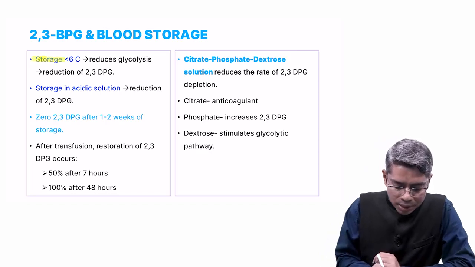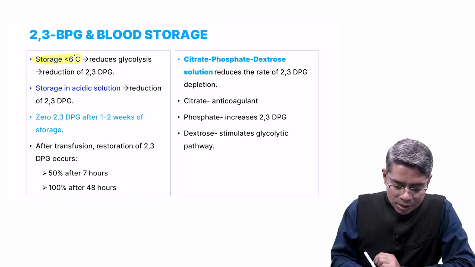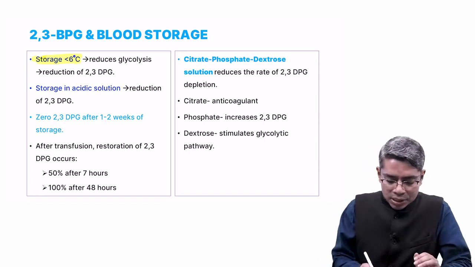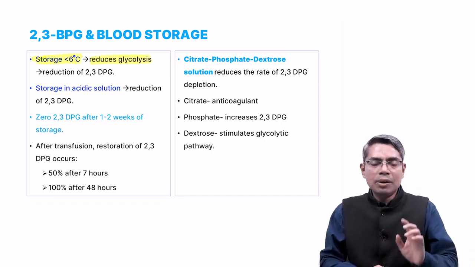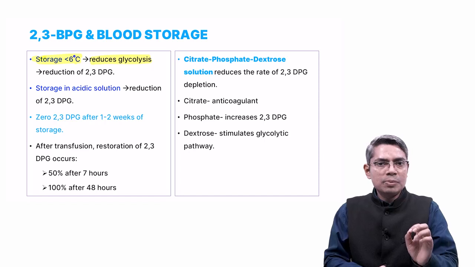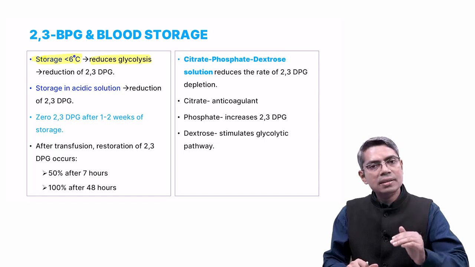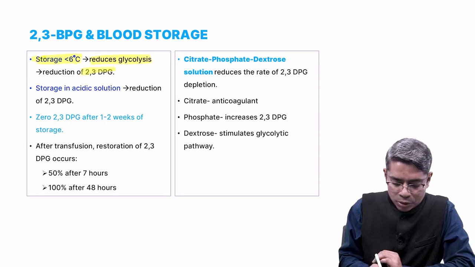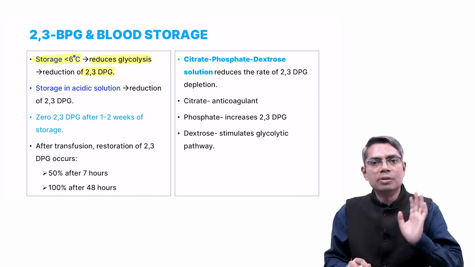Storage of blood, whenever it is done below 6 degrees centigrade, low temperature means it will cause a reduction in the glycolysis process within the RBC. And we have already seen that 2,3-DPG is produced from a bypass of the glycolytic pathway. So, if the glycolysis is reduced, then the 2,3-DPG production is also going to be reduced. So, the bottom line is that storage of blood at low temperature means 2,3-DPG will be reduced.